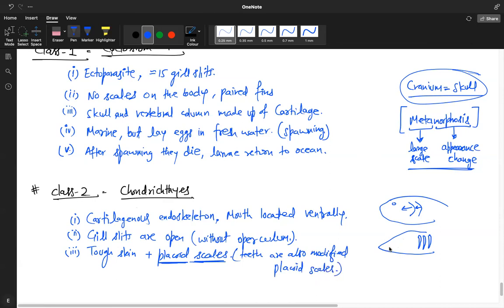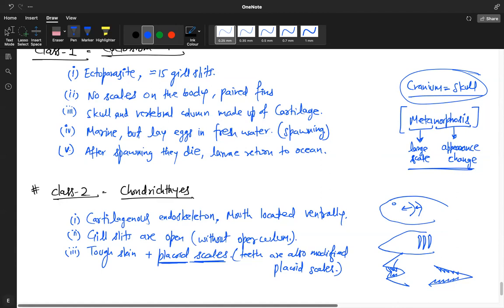And if you see a shark's open mouth, you will see that the teeth are backward, like this. Have you seen that? If this is the open mouth of the shark, you will see that the teeth are like this. They're aligned in a backward manner.